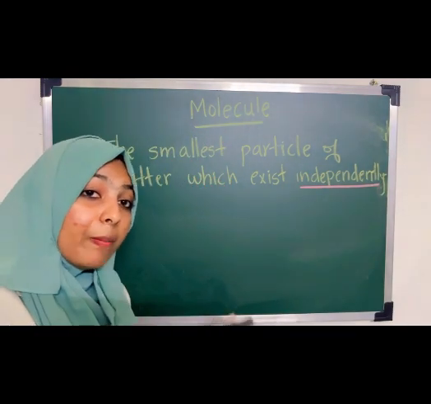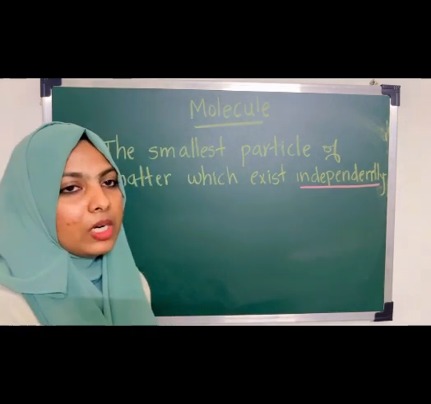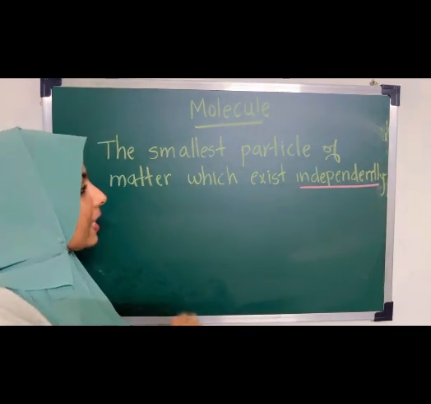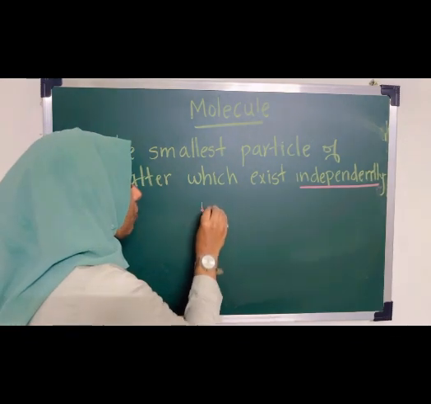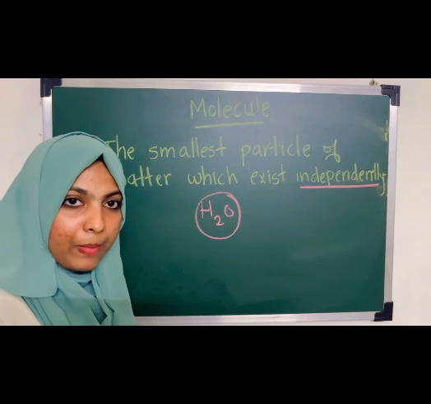That means independent existing of the molecule is possible. So, molecule is the smallest particle of matter which exists independently. That means if you take a water molecule, it can exist independently.